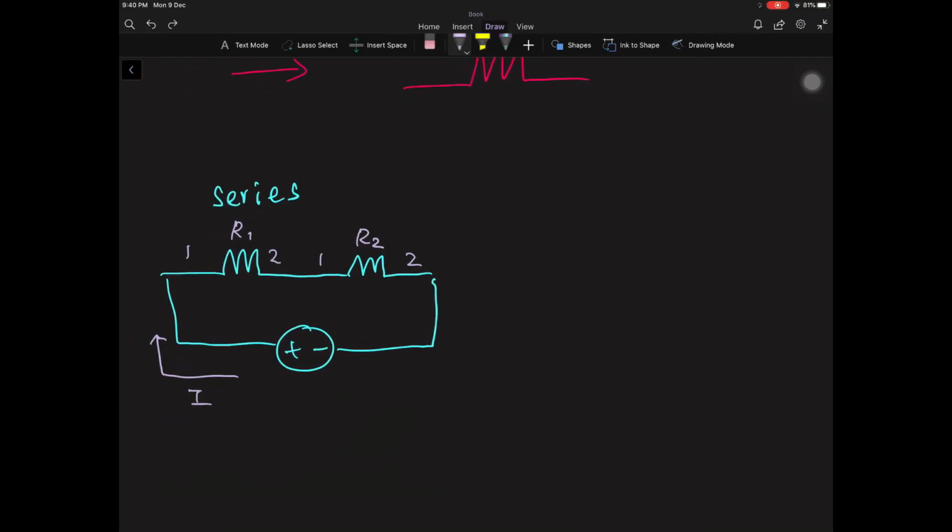As you can see, the tail of R1, represented by number 2, is connected to the head of R2, represented by number 1. So it can be concluded that when 2 meets 1, the resistors are in series.